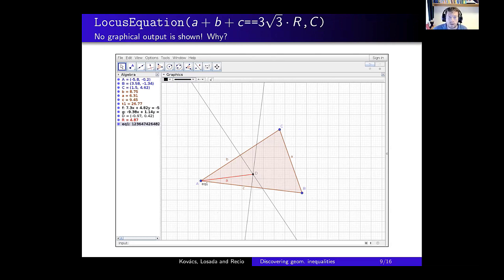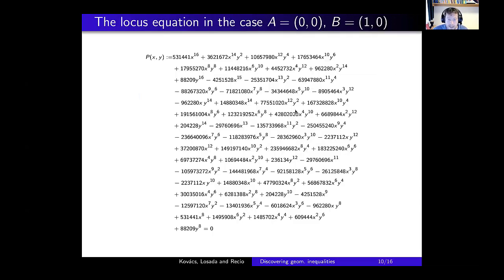So no plot is produced, just because the number of points is just a couple. So 4 points should be there, but GeoGebra cannot plot these 4 points either.